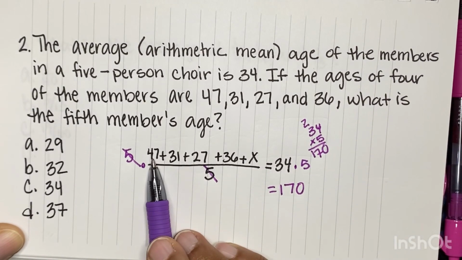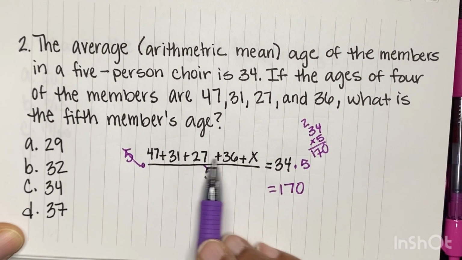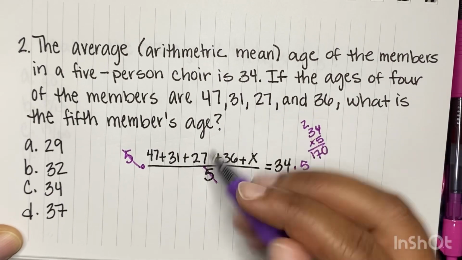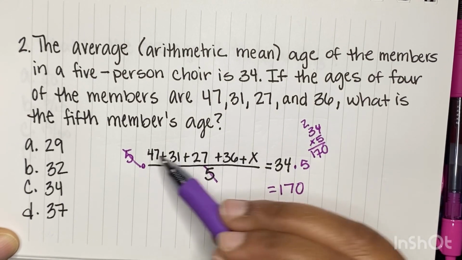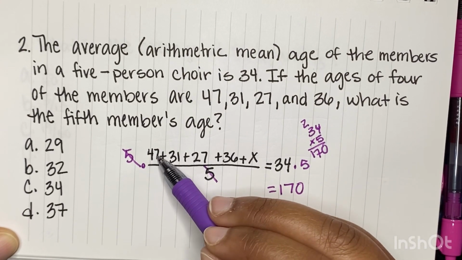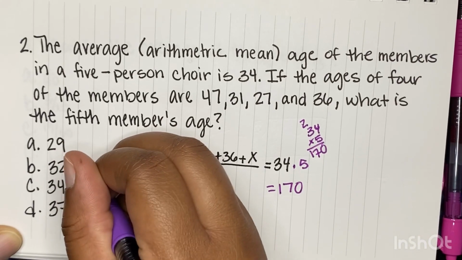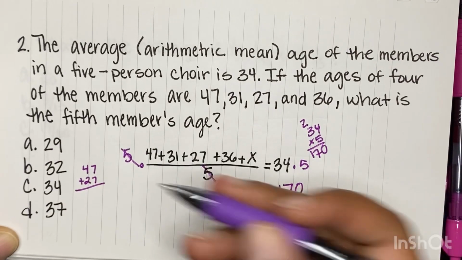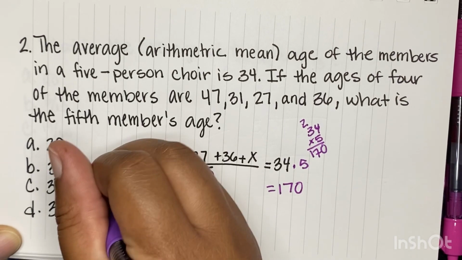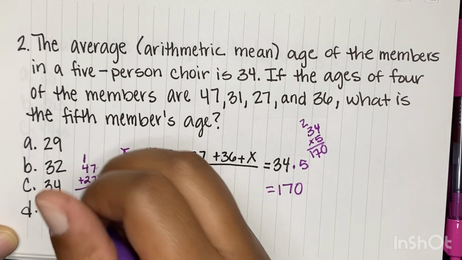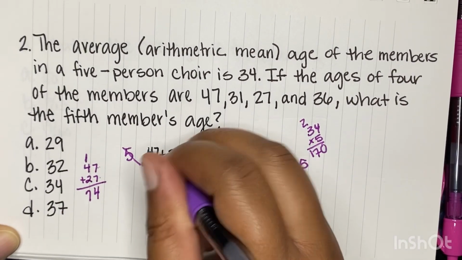Now what we need to do is add up all these 4 numbers. What's the easiest way to add them up? I'm going to add 47 plus 27. I'm doing that because I know 7 plus 7 is 14, carry the 1. And then 4 plus 2 is 6, plus 1 is 74. So I added those two.